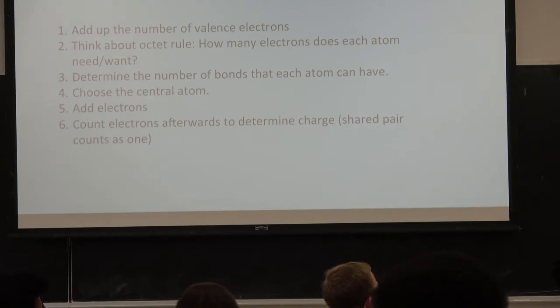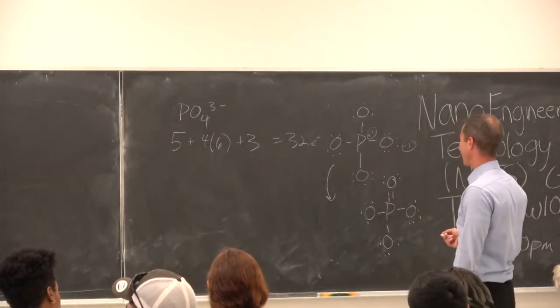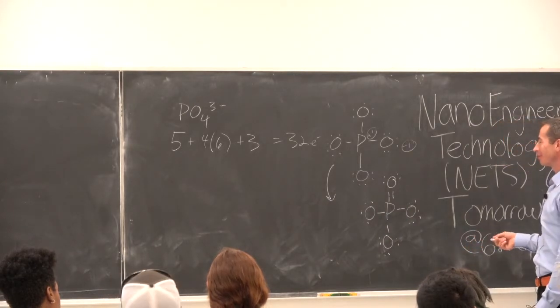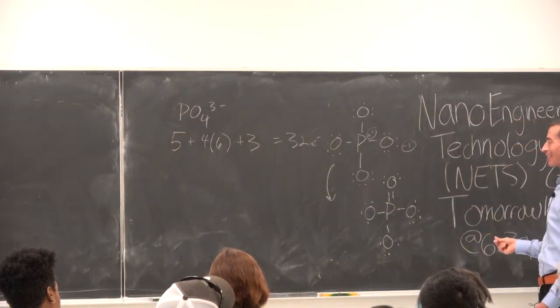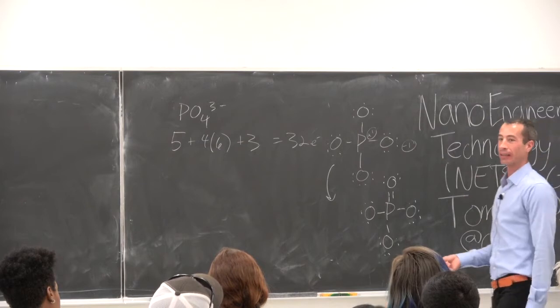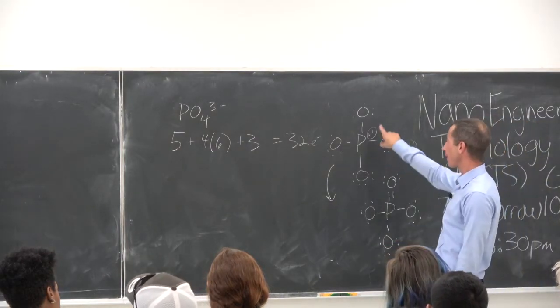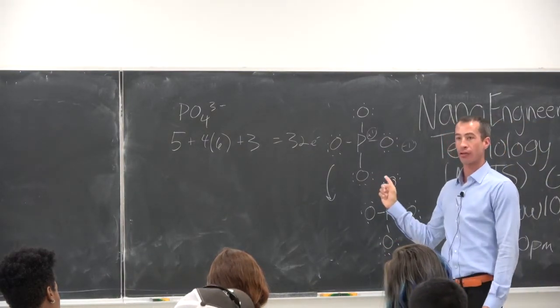My question is, why would the one at the bottom be more stable than the one from the top? Because the bottom one has 10 electrons and the top one only has 8. It doesn't have 10 electrons per se. And here you have every atom has a charge, right?